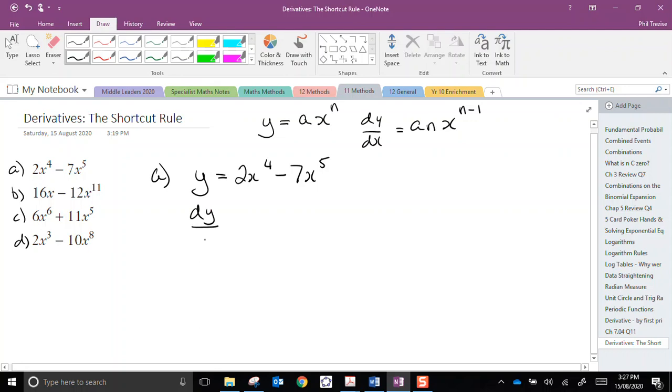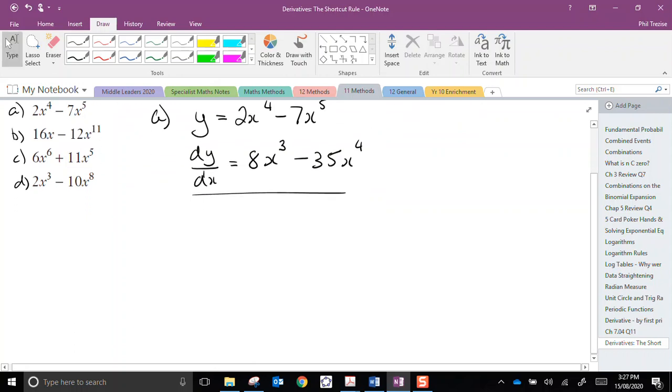The derivative dy over dx, so the power 4 times 2 becomes 8, and we reduce the 4 to a power of 3. Then 5 times negative 7 is negative 35, and we reduce the power of 5 to a power of 4. That's the first one. You can see why it's called the shortcut method.